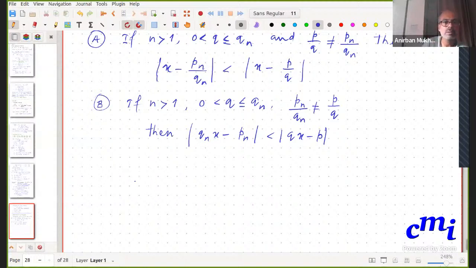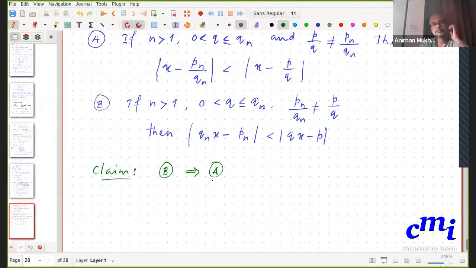I just said that B is stronger than A. Therefore, we should prove that B implies A. So suppose B is true.